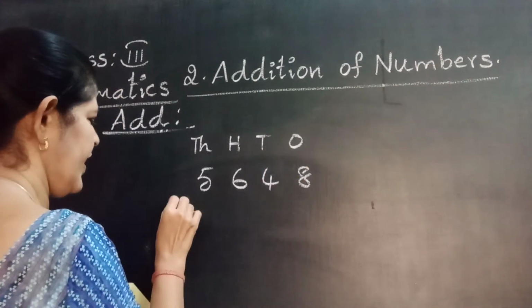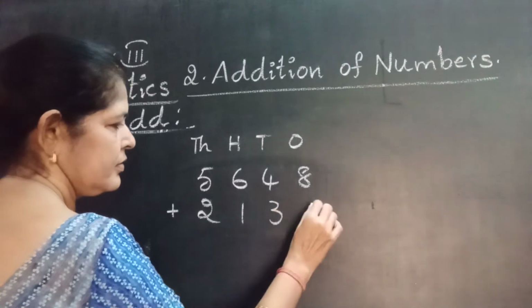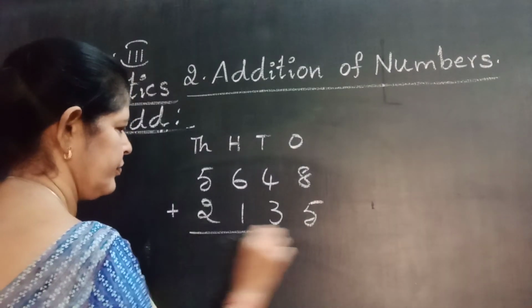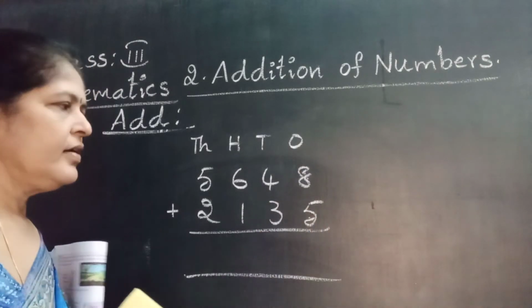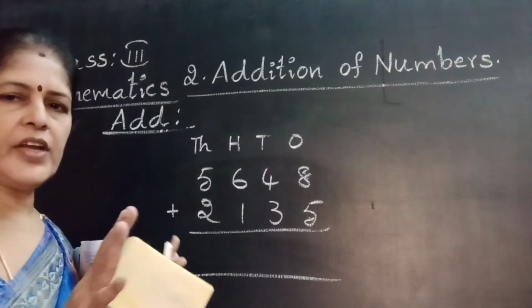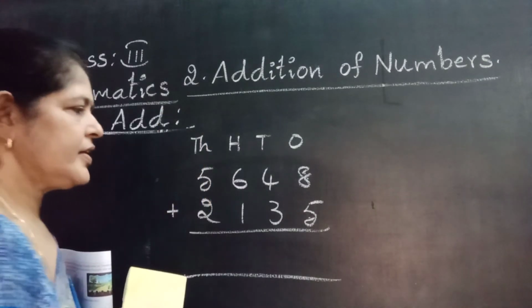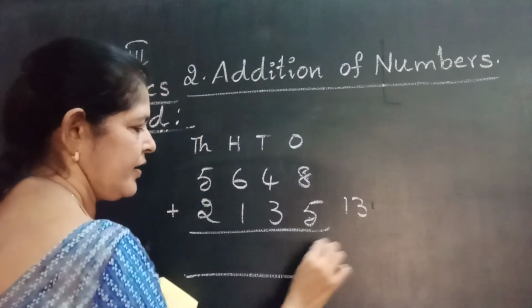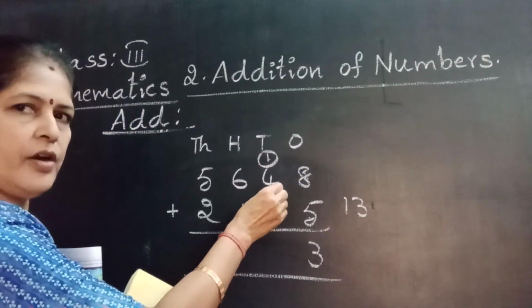5648 plus 2135. Adding ones. 8 plus 5. Take 8 fingers. 5 after 6, 7, 8, 9, 10, 11, 12, 13. Regrouping. 3 right here. 1 carry forward. 1 plus 4, 5.